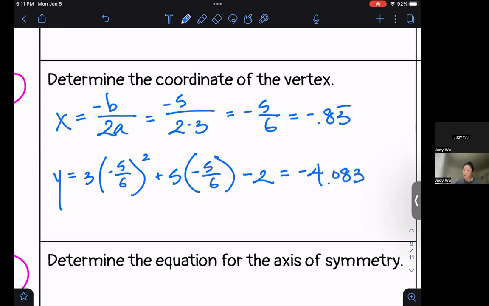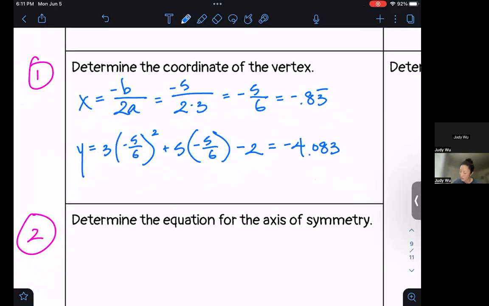If someone were to give you these numbers, and by that someone I mean me, this would be a calculator-worthy question. Either way, we want to write our coordinate as our x, comma, our y coordinate, and let's just be all decimals here: negative 0.83, comma, negative 4.083.